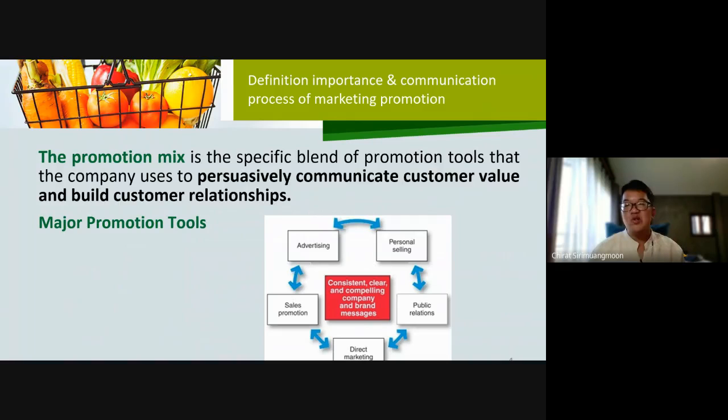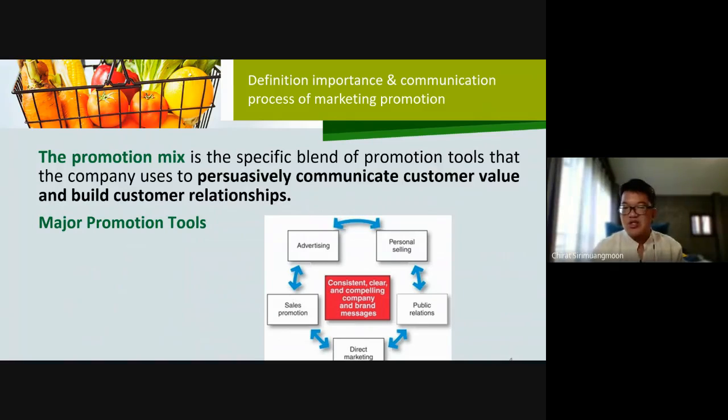So you use the tools to communicate specifically, persuading on the values of the consumers, and try to create a good relationship between the consumers and you. So this is the promotion mix.